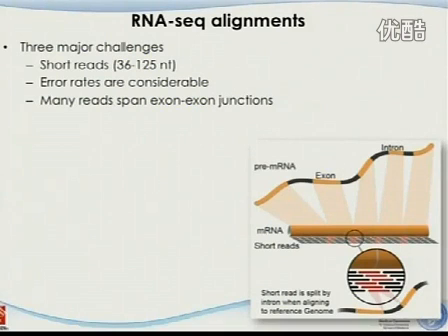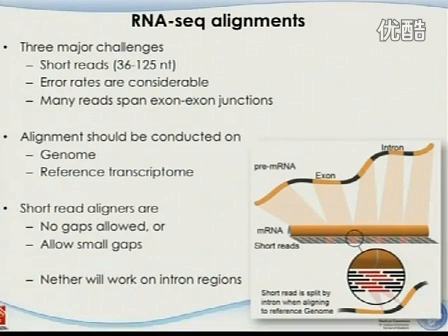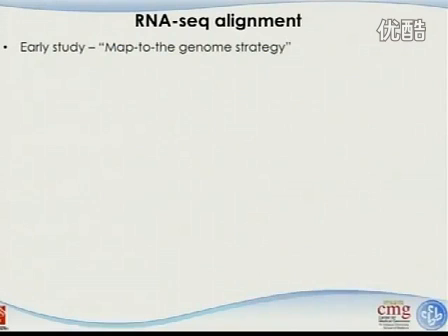So we have this point, this is a junction, and there's a read here, and it's really, really hard to find the proper alignment for that, because alignment should be conducted on both the genome and the transcriptome, but short read aligners allow no gaps or only very small gaps, and neither of these will work on the intronic regions because introns are just so big.